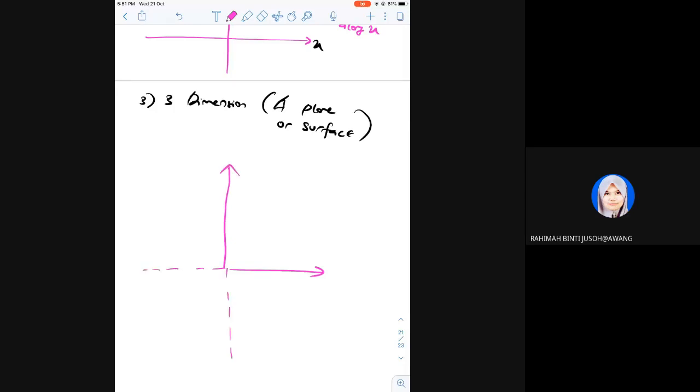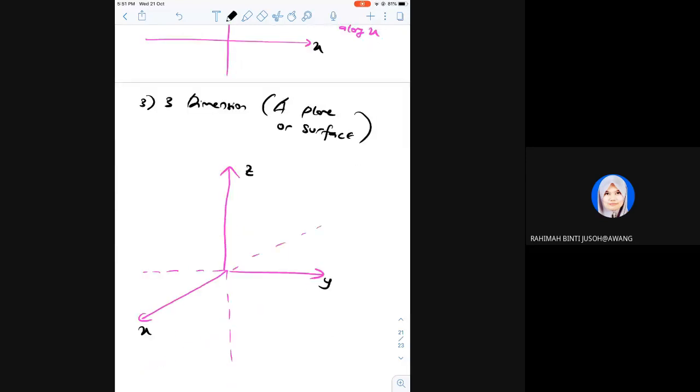Alright, so we will have X, Y and Z. Okay, first step, kita cari Y equals to 10. Dia dekat sini kan, Y equals to 10 pada paksi Y, 10. Okay, understand?